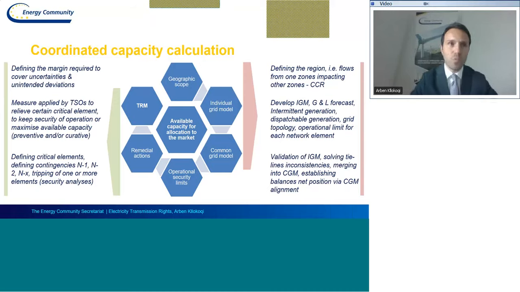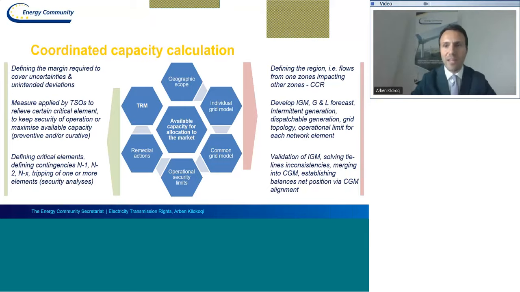The preventive measures are those that the TSO engages in advance to ensure that certain constraints are relieved. But curative measures are done near or on a real-time basis by the TSO. So basically, redispatch, for example, would also be a curative measure to relieve congestion on certain network elements.